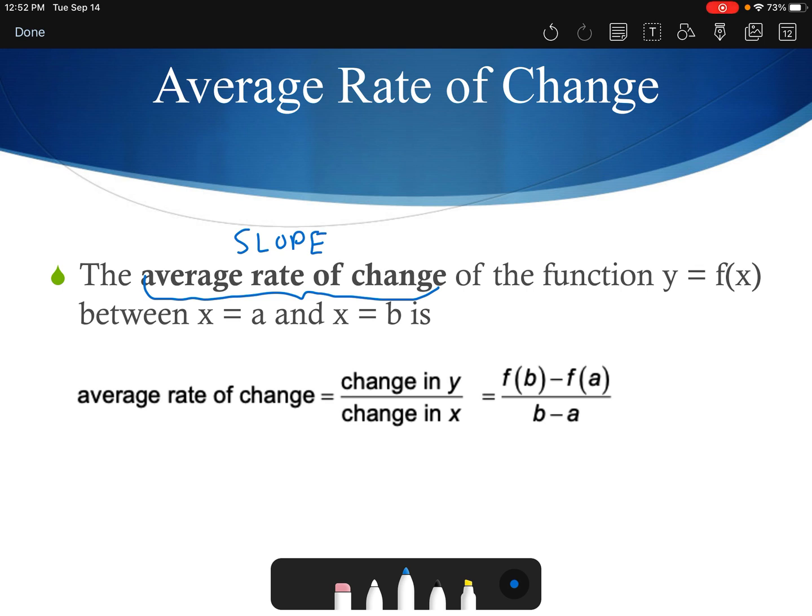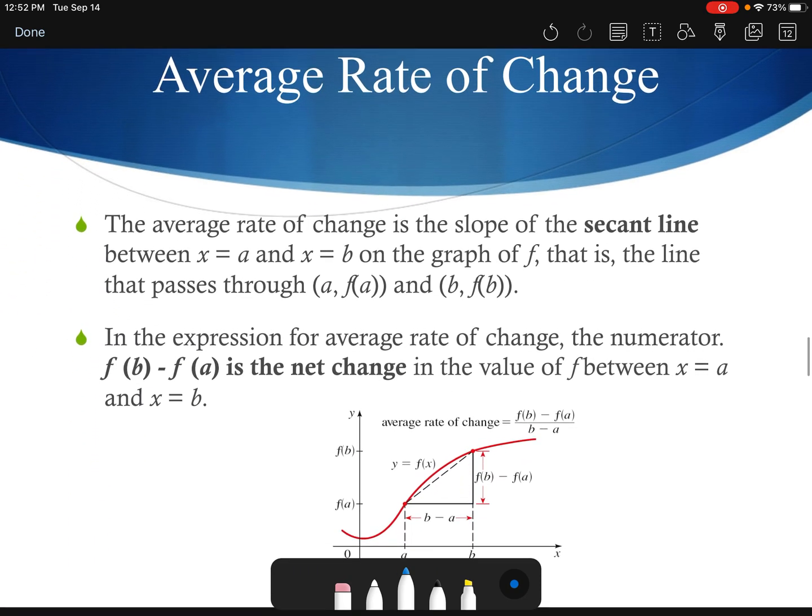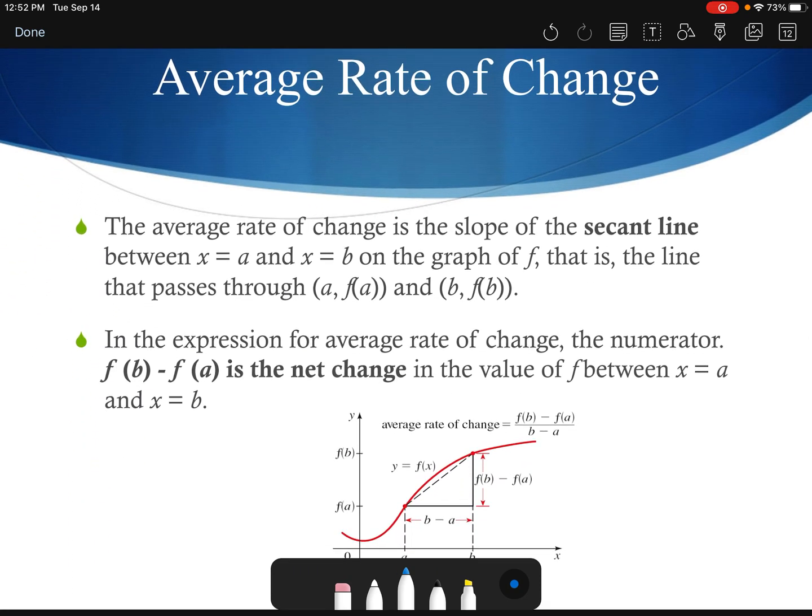It means something. So like miles per gallon, that's slope, but that's average rate of change. So temperature change, that's the average rate of change over a month's time or a year's time or something like that. So when we find the average rate of change, we can find it on any curve.